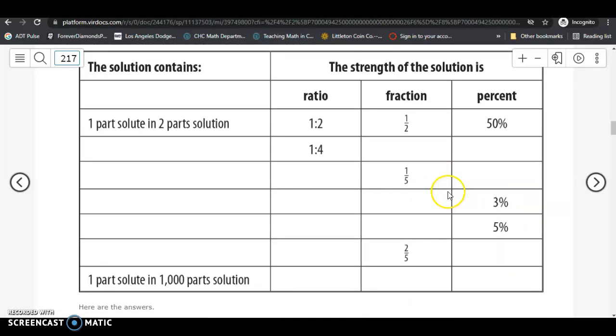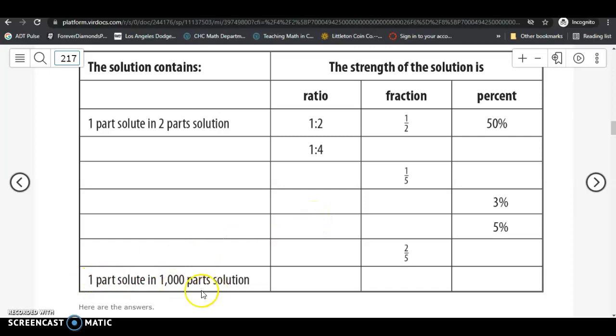Likewise, if the strength of a solution is expressed as a fraction, like 1/5, write that as a ratio and as a percentage. Likewise, for a solution whose strength is expressed as a percentage, 5%, express it as a simplified fraction and as a simplified ratio.